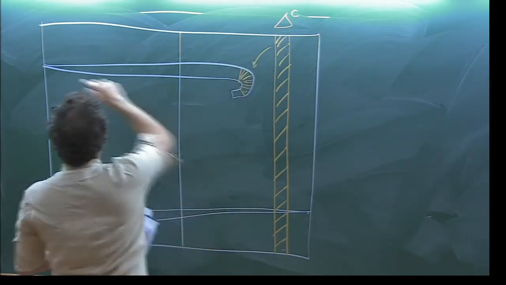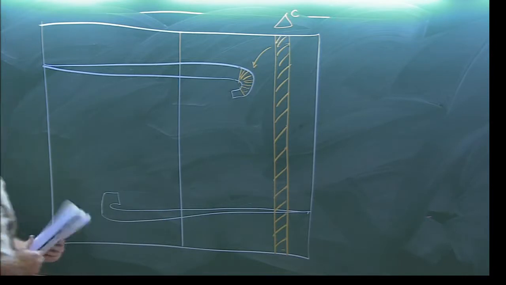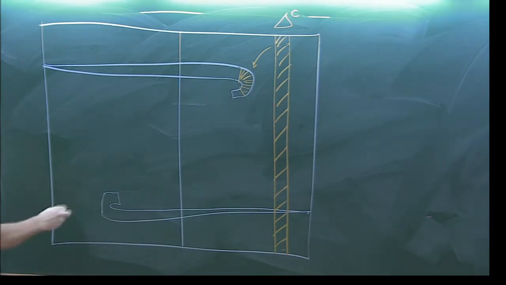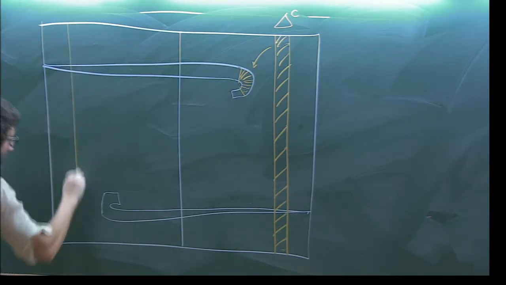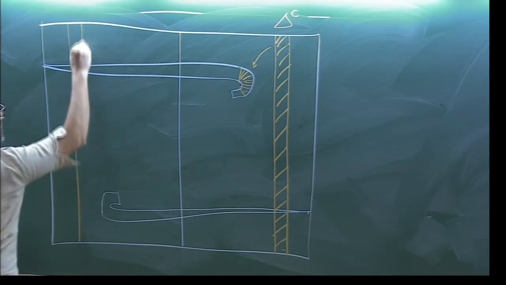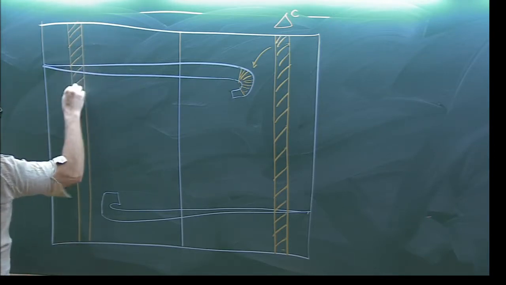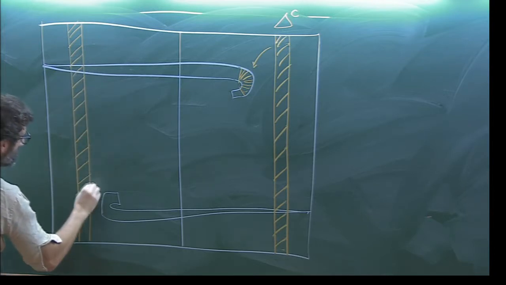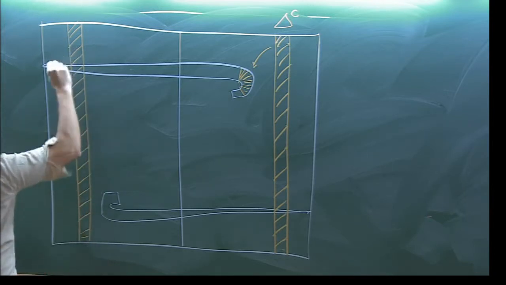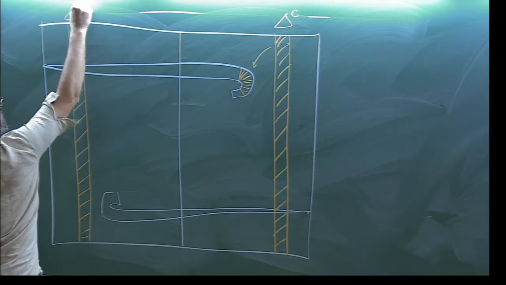And the rest is what's mapped to here. This is the geometry of this picture, right? Similarly, we have delta minus C here. Minus C.